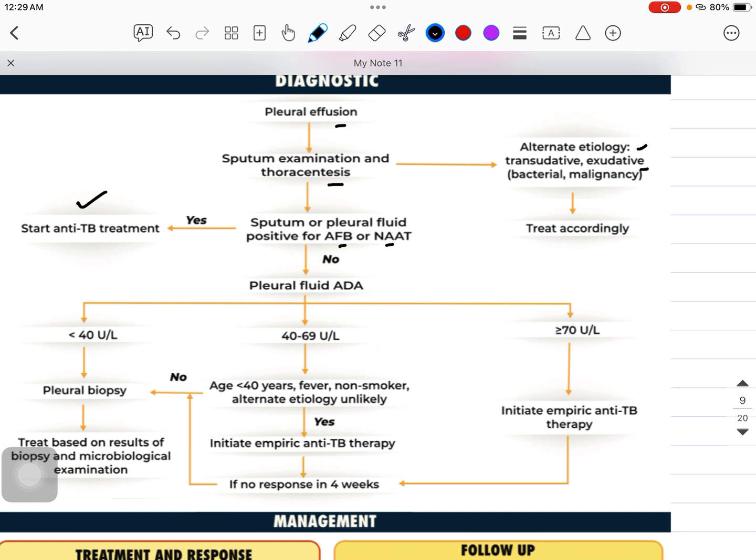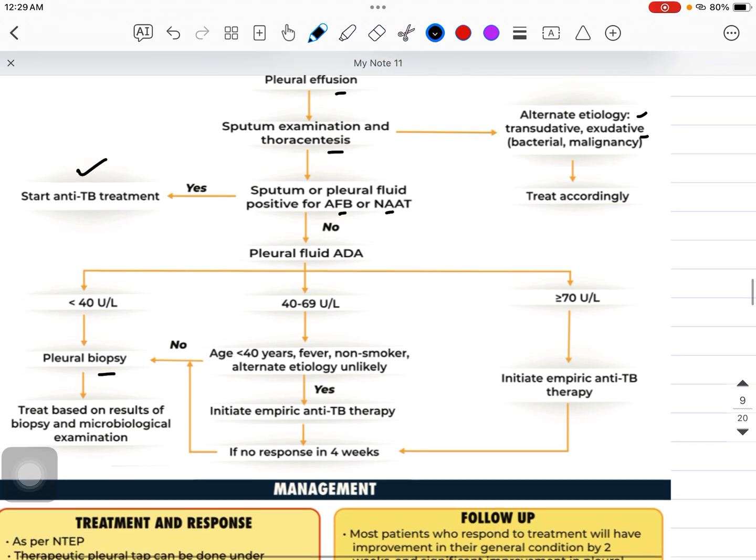If it is less than 40, then the results are still inconclusive. In that case, we need to do the pleural biopsy. If the ADA is between 40 to 69 or 40 to 70, then usually 20 to 40 years is the main general age group which we are seeing.